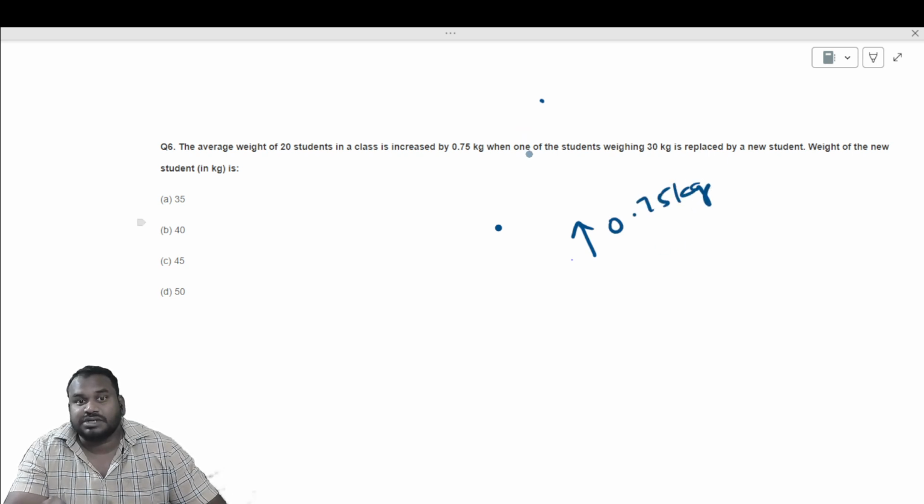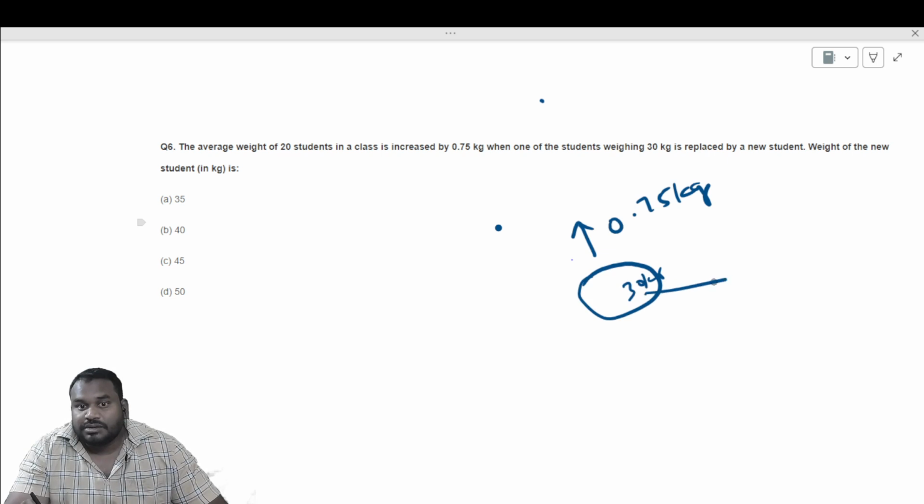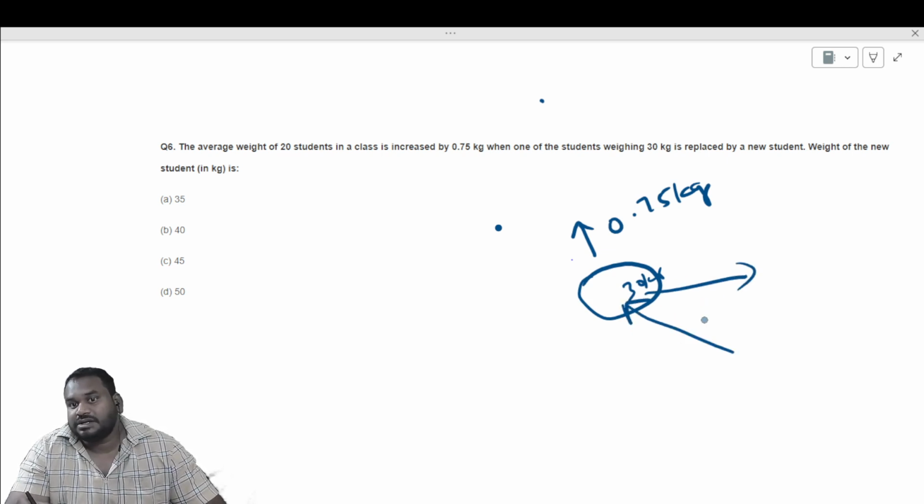There is a reason for that. In the class, the 30 kg student went out, some other student came in. So what is the weight of this new student, is what it asks.